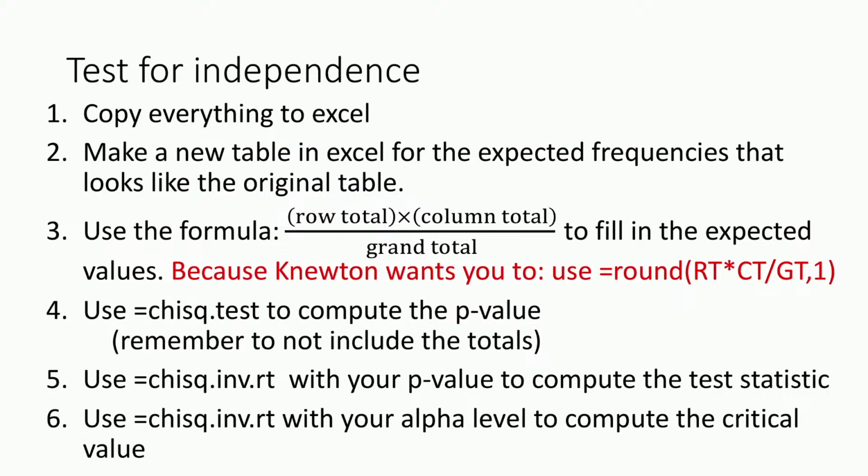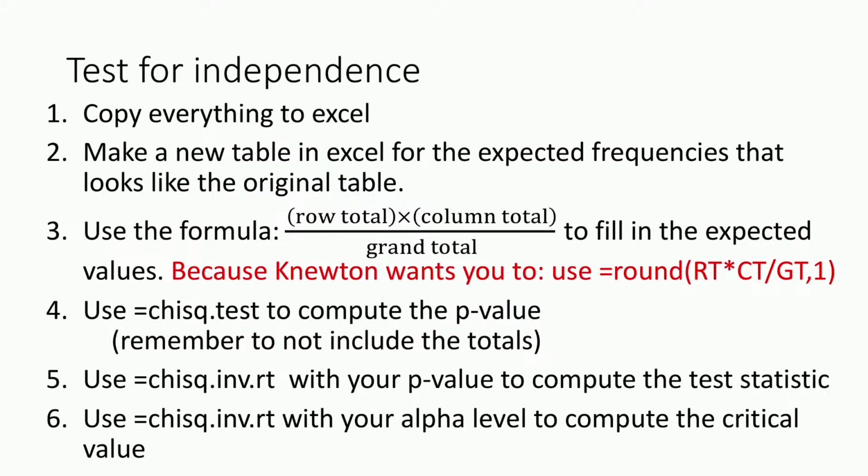You use this formula. We'll use this in just a minute. And because Newton wants you to, you have to round, which is stupid in my mind, but we'll do it. And then you use this. This will give you the p-value, and this will give you the test statistic, and this will give you the alpha level, or the critical value. We'll get to this. I'll put this back up here when we need it.